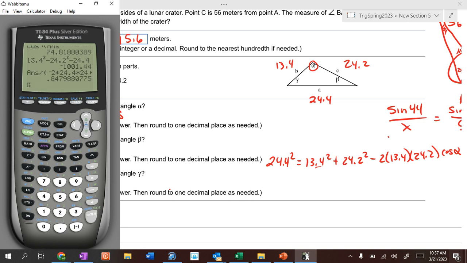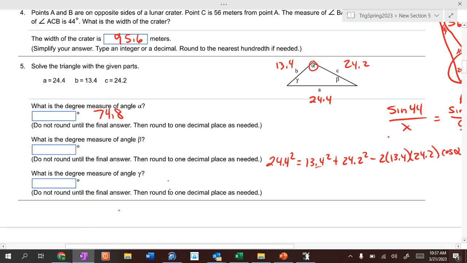And do inverse cosine of the answer. And that's 32. So then those two add up to 106.8. 106.8 is... 79.2. No, 74.2. 73.2. There we go. We good?